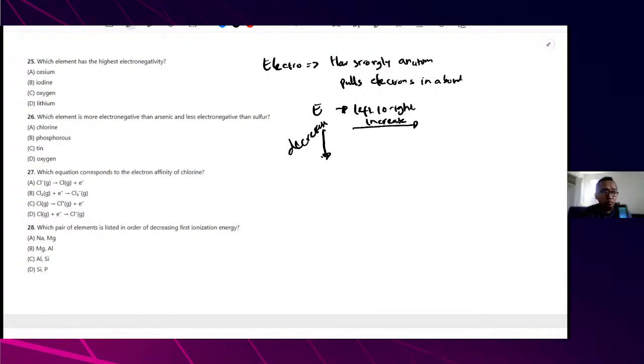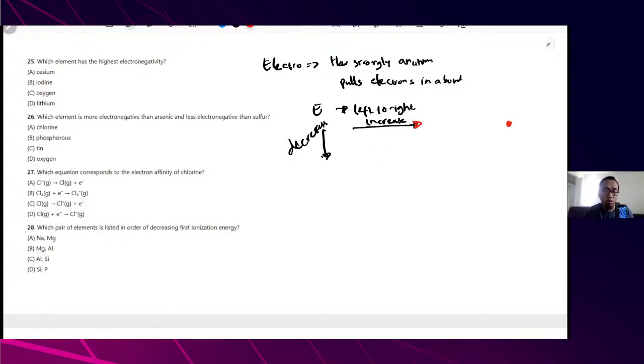So that means the element with the highest electronegativity will be near the top right, except the noble gases. As you can see this arrow, we need to find out which one is the most right, and which one is the most top.